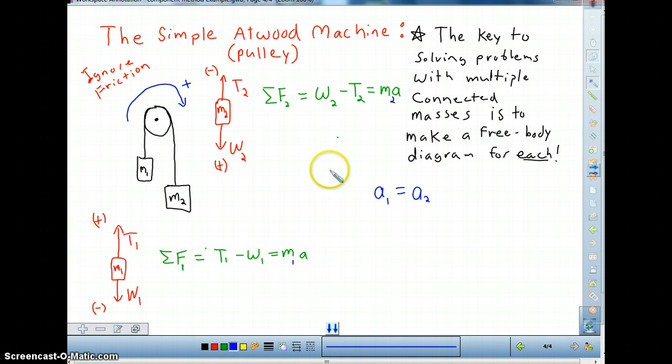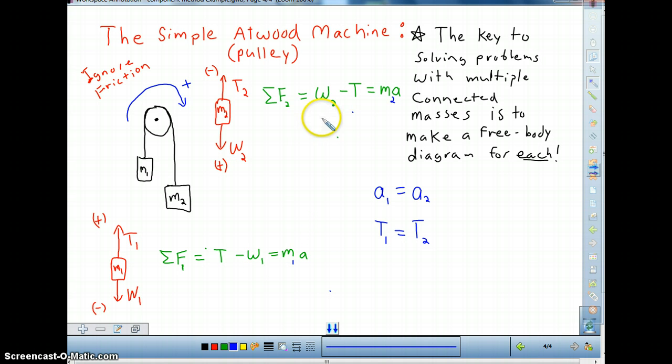We have another connection: the magnitude of the tension in this rope will be the same as the tension in this rope. Their directions, remember when we built the formulas, were opposite because of the pulley's directional change, but their overall magnitudes, T1 and T2, will be the same. So again, we could get rid of the 2 and the 1 and just call each of them generically tension, because they equal the same thing.